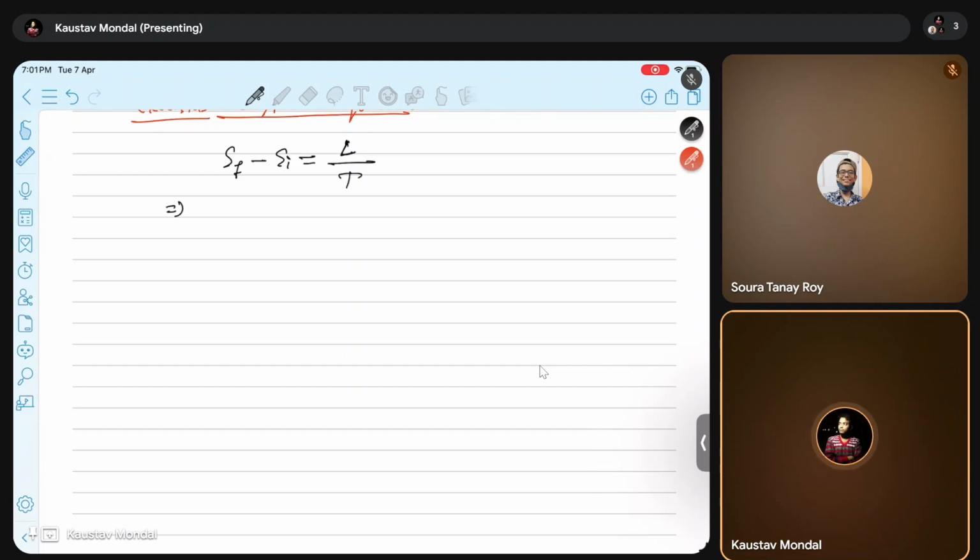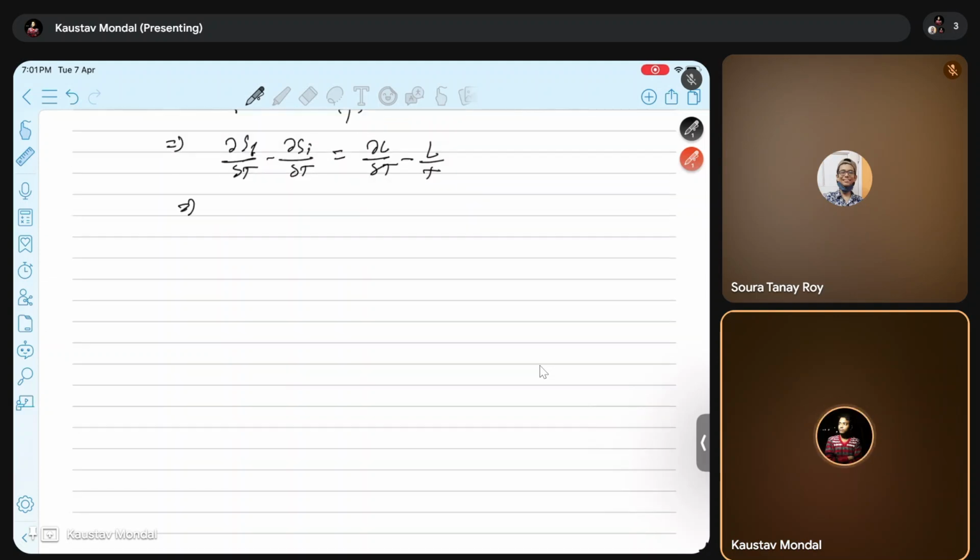Now if you take the temperature derivative, it will become del SF by del T minus del SI by del T equal to del L by del T by T minus L by T squared.